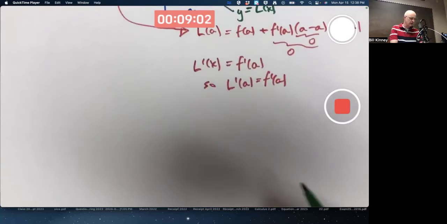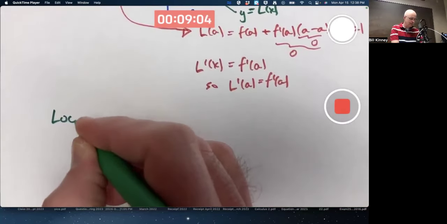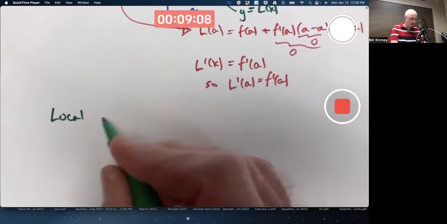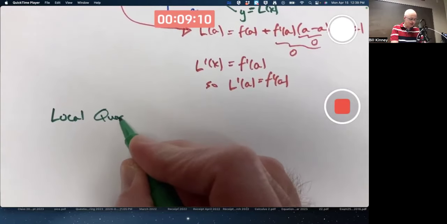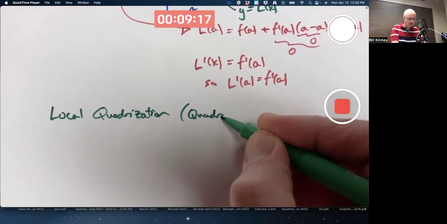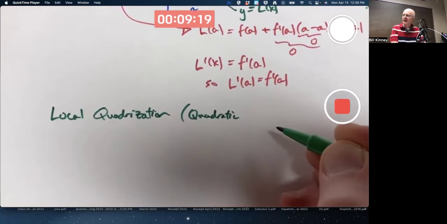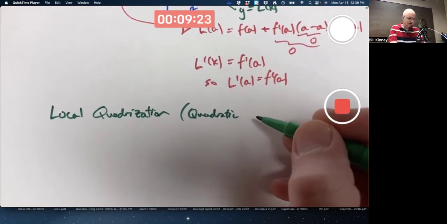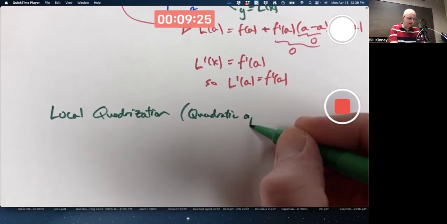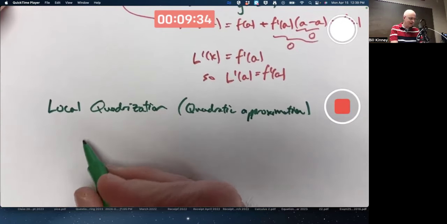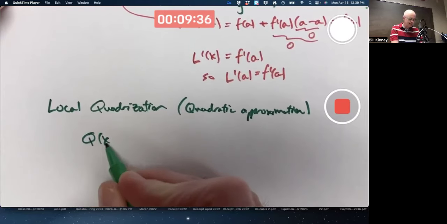That's probably not a word, but I'll make up a word here on the spot. Local quadrization. Technically, a better phrase would be quadratic approximation. The local linearization was a linear approximation. The local quadrization would be a quadratic approximation. Probably not a word. Q of x.